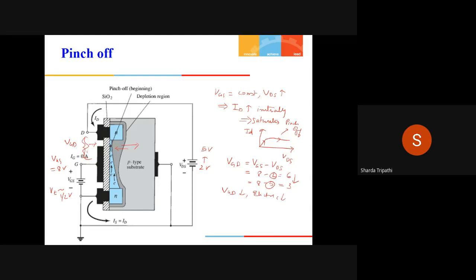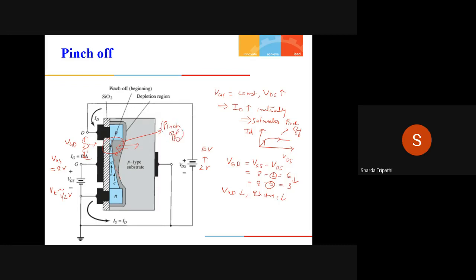So with the reduction in electric field, now you do not have many electrons in this region such that the channel could conduct the current at the same rate as it was conducting earlier. So this effectively causes the induced channel to taper down in the width in this manner. So this situation over here, we are calling as the pinch-off situation.